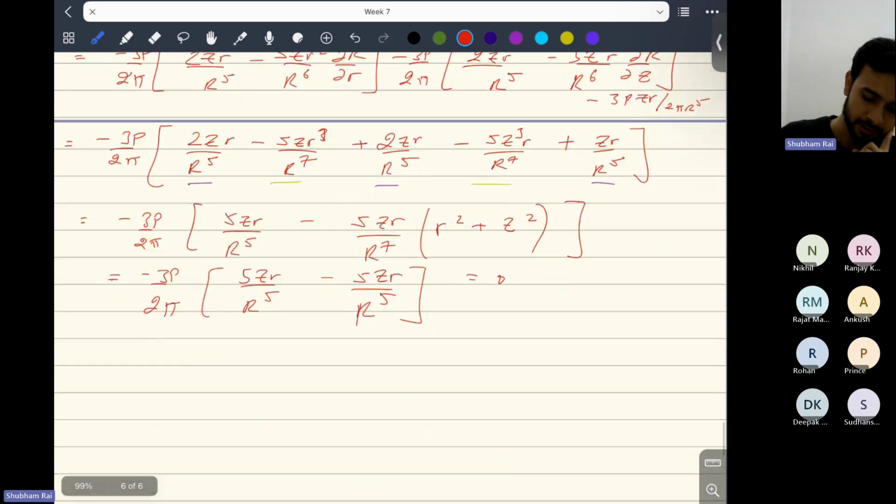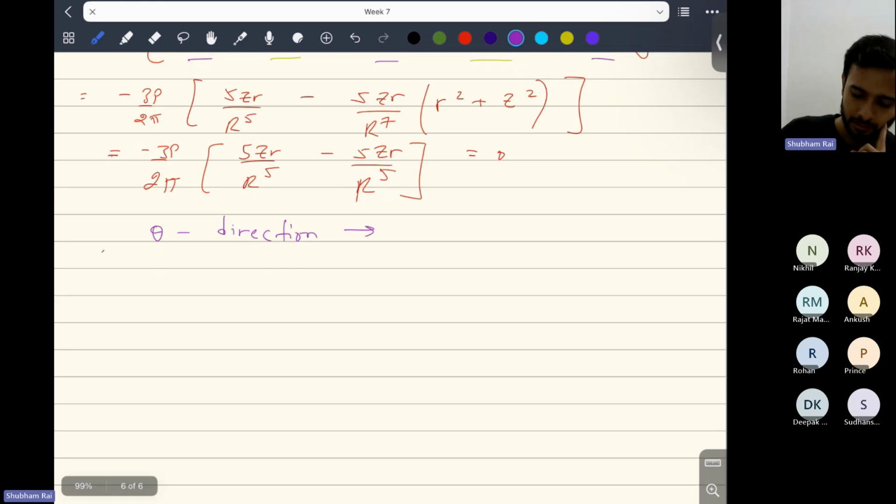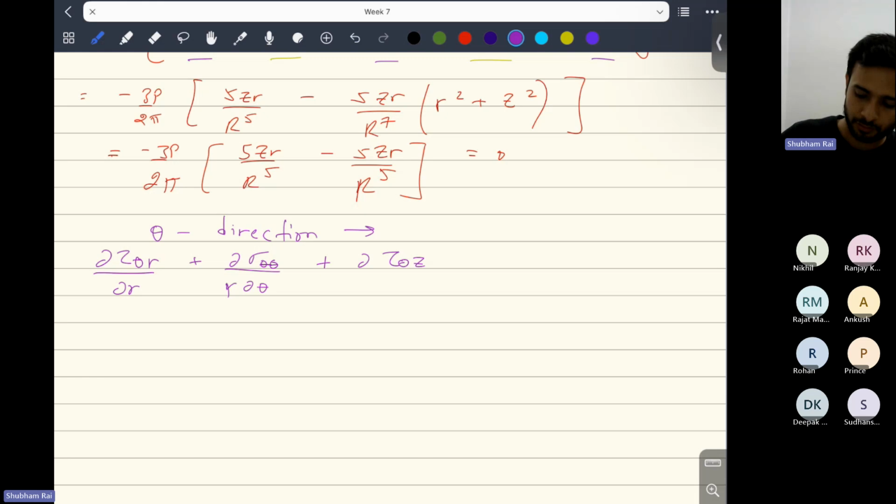So let's go for theta direction. Stress equilibrium equation in theta direction will be given by del of tau theta r over del r plus del of sigma theta theta over r del theta plus del of tau theta z over del z.